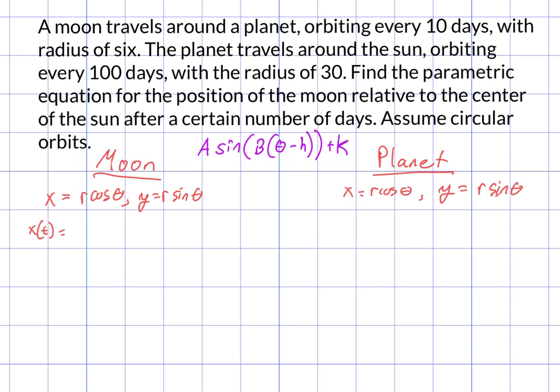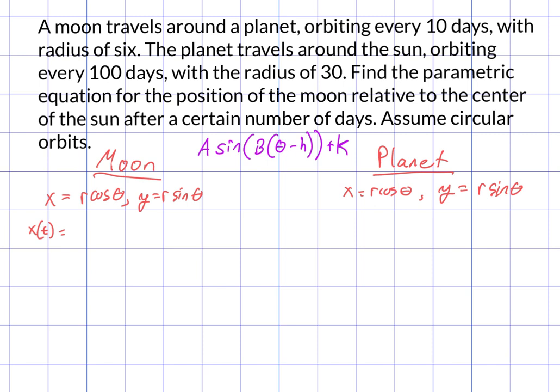So parametric, I'm thinking x is r cosine theta and y is r sine theta, because I'm dealing with all these things that are traveling in curved patterns, right? Circular patterns. So x of t is going to be the same thing, recalling this is my general formula for a sinusoidal curve, where a is my amplitude. When I do it like this, it's my radius.